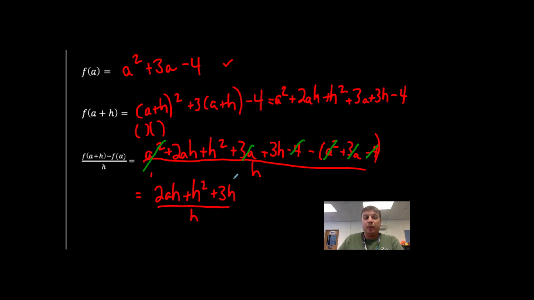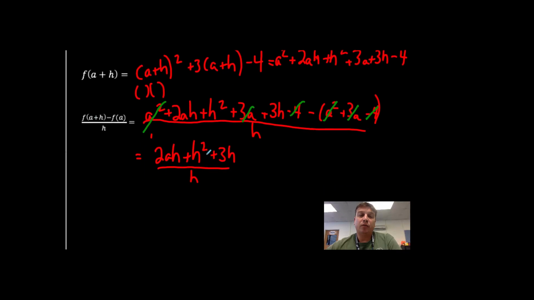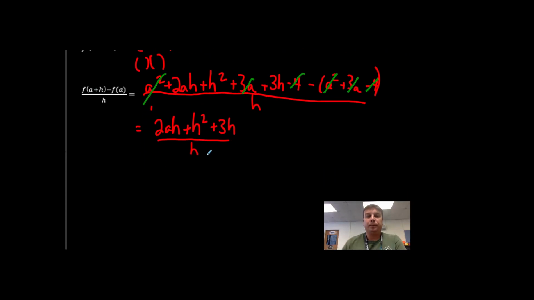Notice in the numerator, every single term has an h, so I should factor out an h. I'm going to scroll down and give myself a little bit more room here. I'm going to clean this up a bit and put the order into something a little more reasonable.